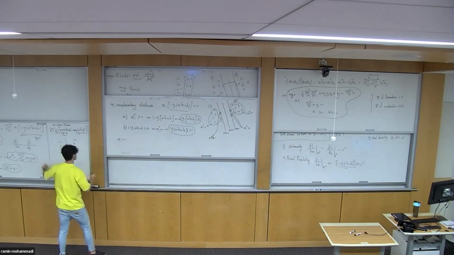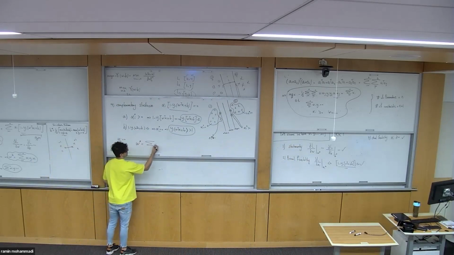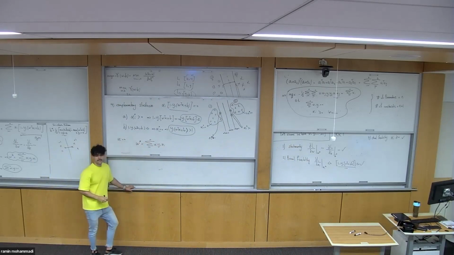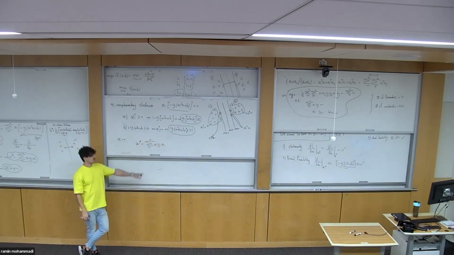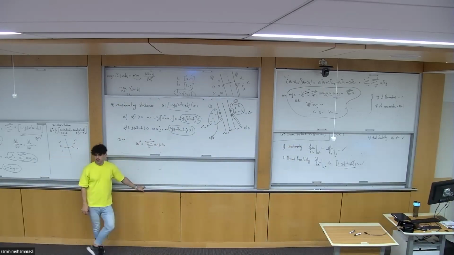When you want to calculate W, it's the sum of alpha I, yi, xi for all data points, correct? For the majority of the data points, alpha is 0. What does that tell you about those data points? They're interior. They don't have any impact on the W, correct?